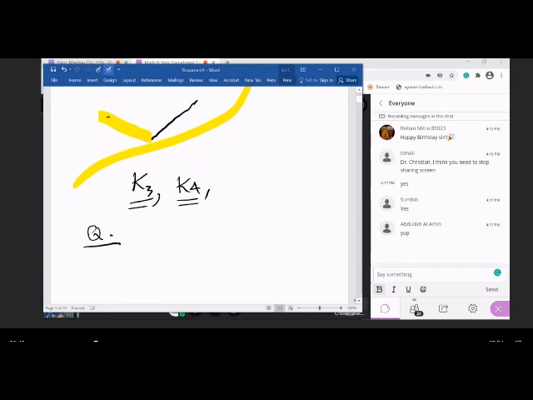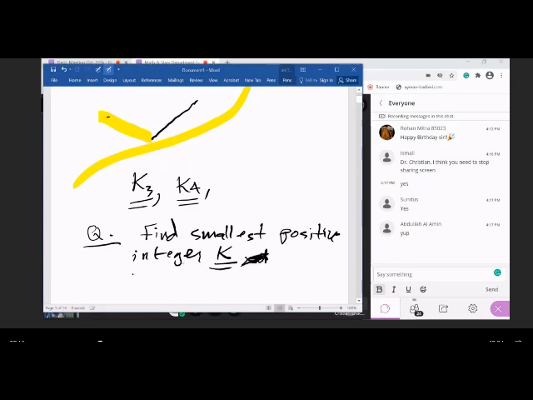Here is the question: find the smallest positive integer k where the Ramsey number is R(5, 3). What do I mean? I want to find the smallest positive integer k for the Ramsey number R(5, 3).